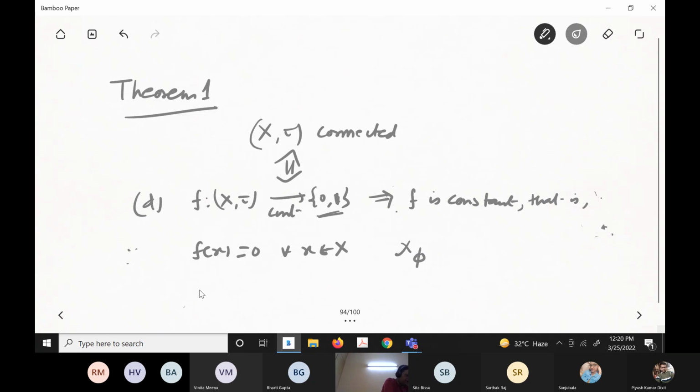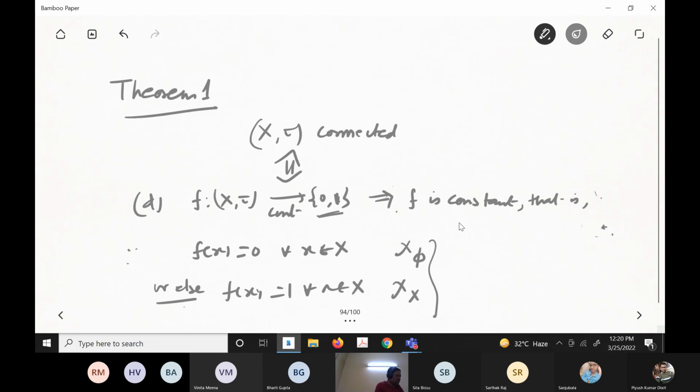Or else f(x) equals 1 for all x belonging to X, which means chi X. That is how you get it: f will be constant. This is very useful.